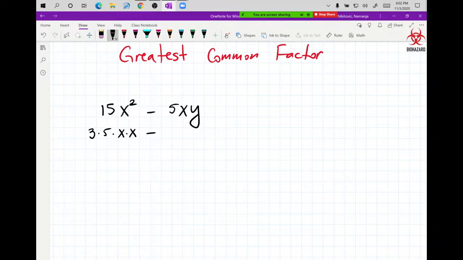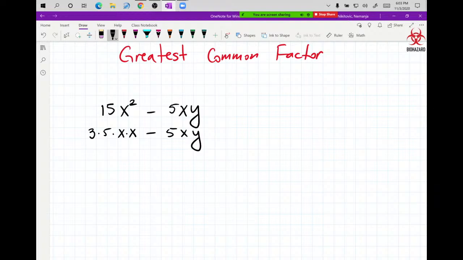And this one is already written in its simplest form. There is nothing you can break apart. So when you look at the first one, number 15 is a number that we can break down into 3 times 5. And then x squared can be written as x times x.